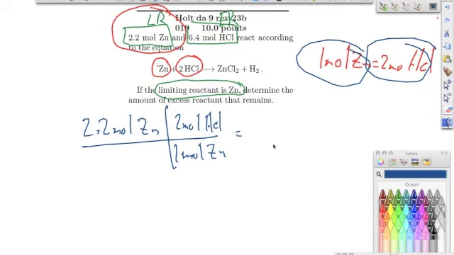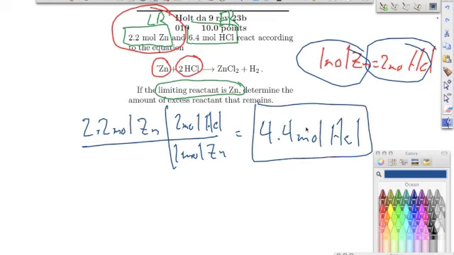And we go ahead and multiply this out and we'll get 4.4 moles of HCl. Now what this means is this is the amount of excess reactant that we actually use. So we actually use 4.4 moles of HCl.